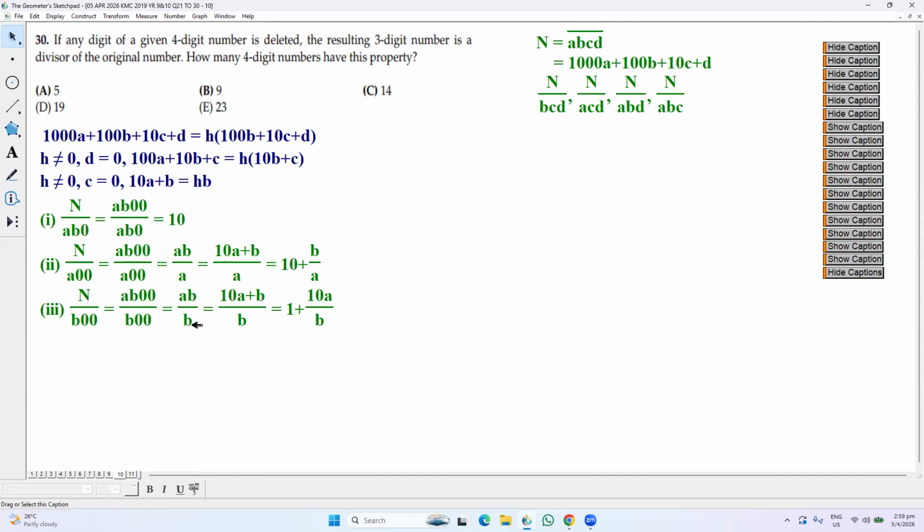So cancel: AB over B, then we get 10A plus B over B. B over B is 1, then A over B. We know the last 2 digits are 0, so we need to find A and B only. C and D are forced to be 0 already.